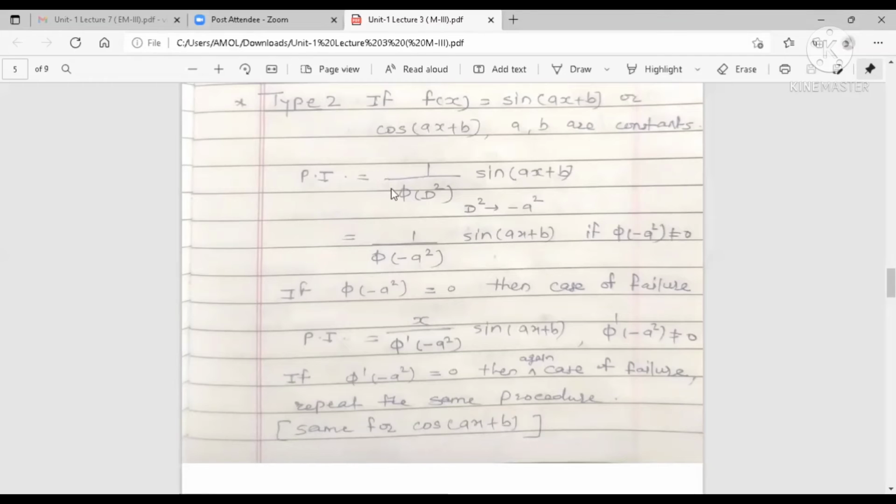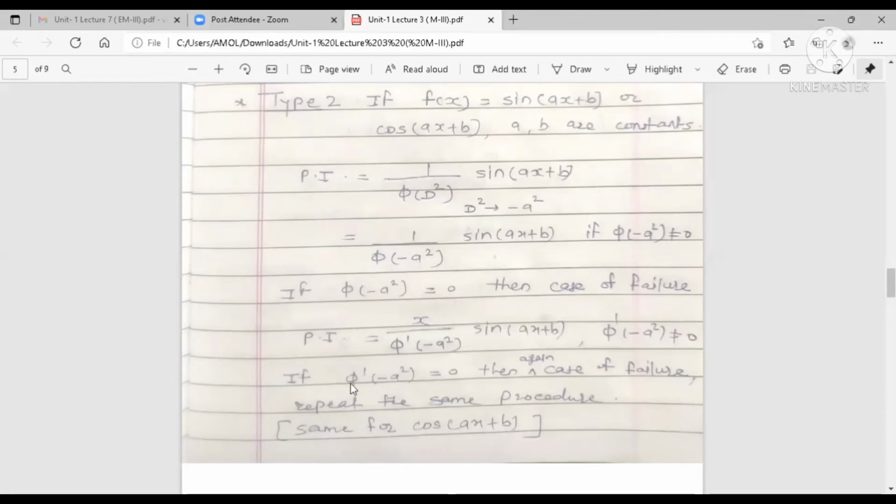Then we take the derivative of the denominator, the derivative of phi function will be phi dash, and after finding the derivative, you replace the terms of D square again by minus a square into sine of (ax plus b). Again, the condition is that phi dash of minus a square must be non-zero.